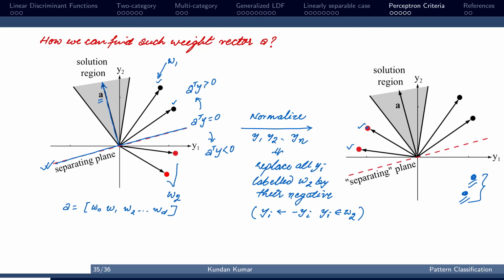Okay, because we are just negating the values of the data samples belonging to class omega 2. But we still have the same separating plane, and now the decision rule changes to A transpose y is greater than 0 for all data samples. So now it is not depending on the class labels anymore, and only this rule is sufficient to classify all the data samples correctly in the feature space.